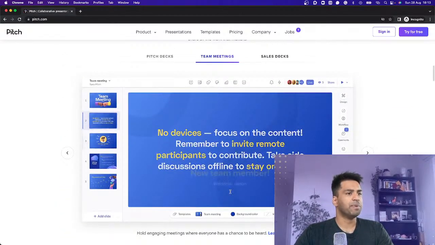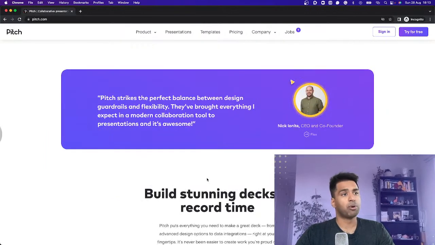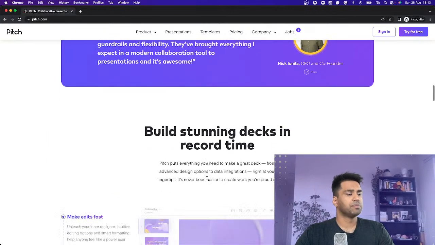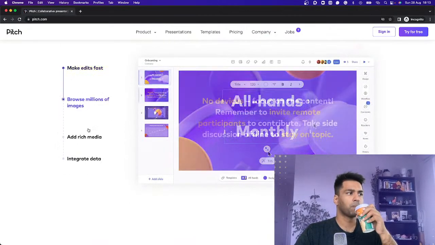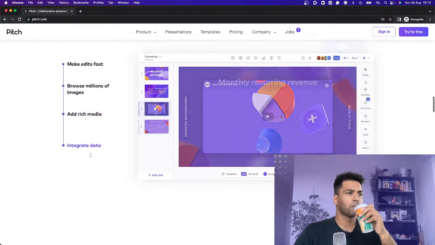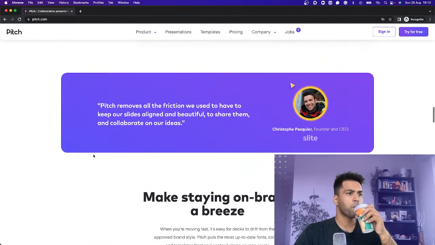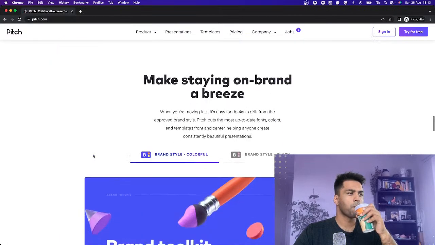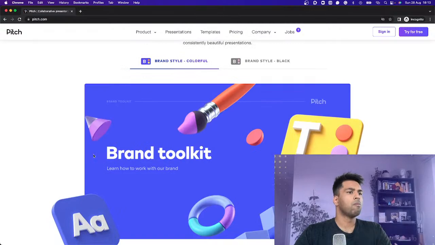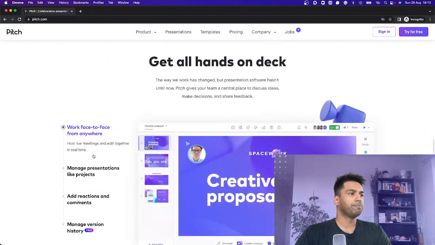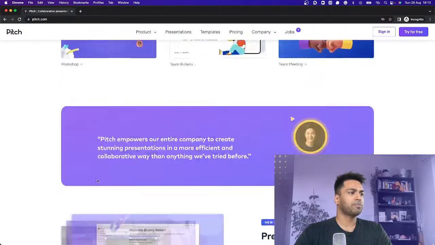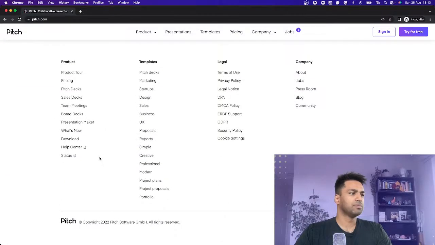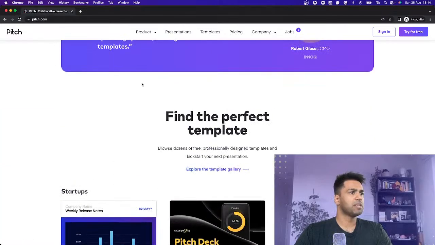Now they have made it more focused on the product itself. So that's basically the software.